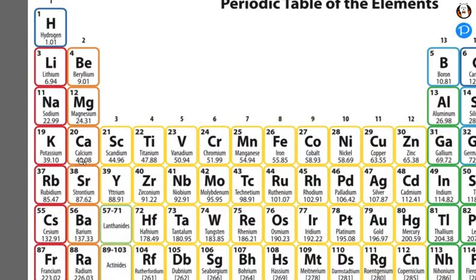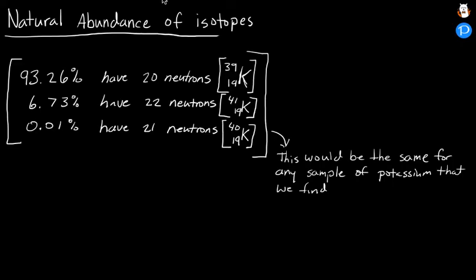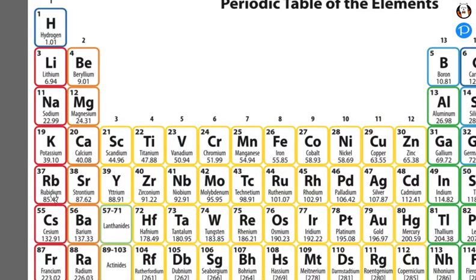But if you notice, pretty much all of the numbers for the mass for each element on here are decimals, which doesn't make any sense, right? Because we just said that the mass is just adding up the protons and neutrons, so it should be a whole number. Why are all of these decimals?